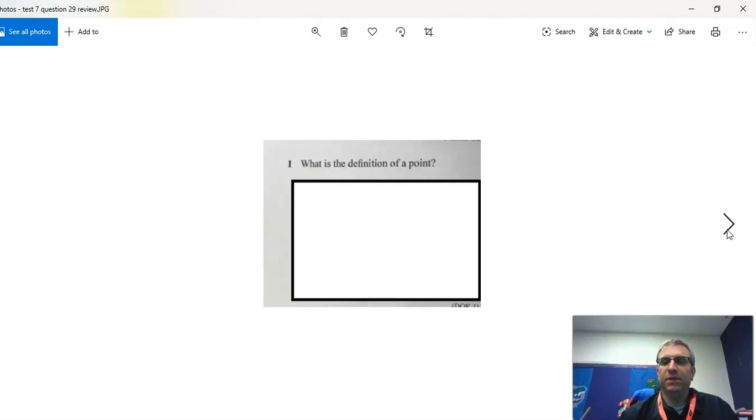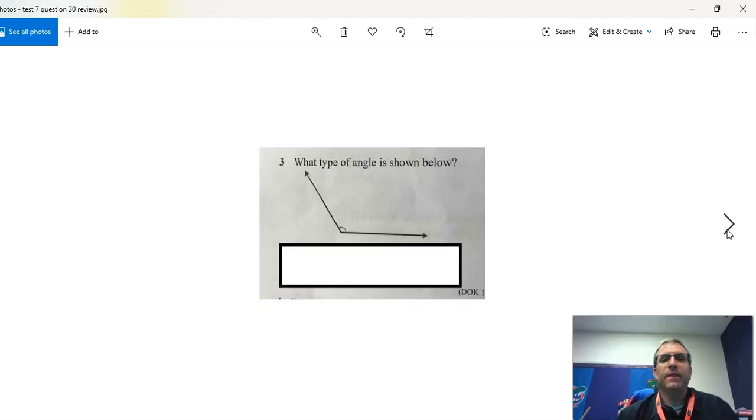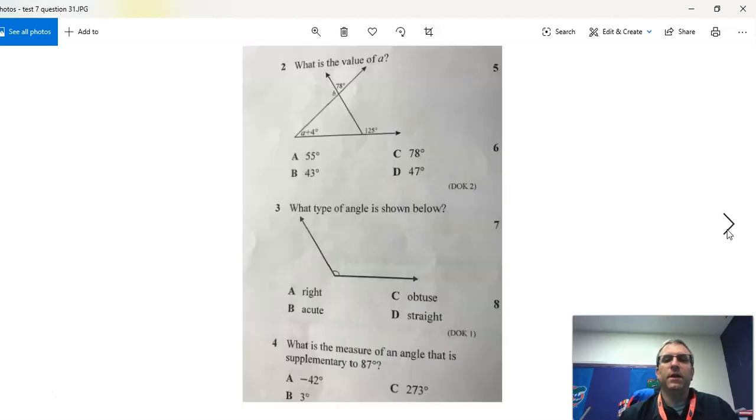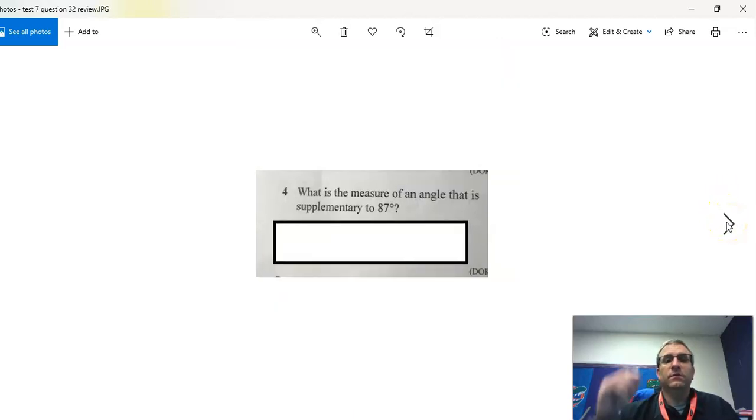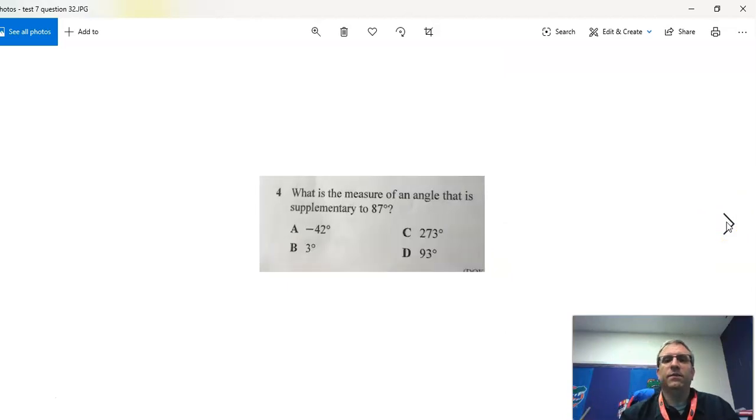It's just a place. All right, what type of angle is this? It's either acute, straight, obtuse, or right. You guys should know and be able to look up which ones are which. And then what angle is supplementary to 87 degrees?